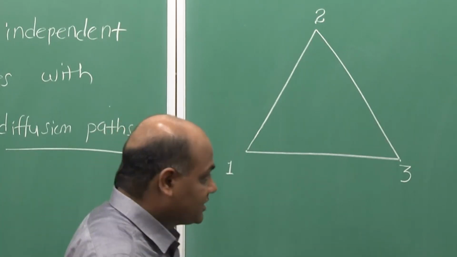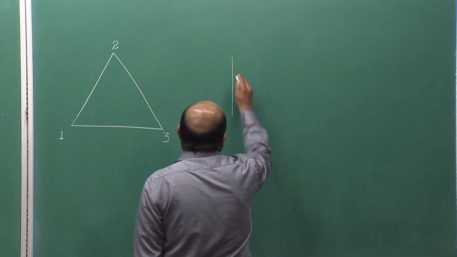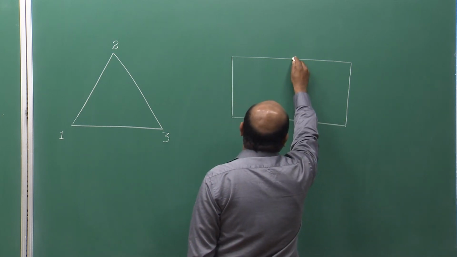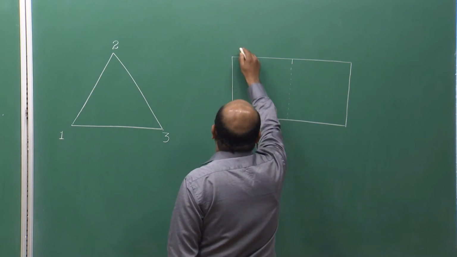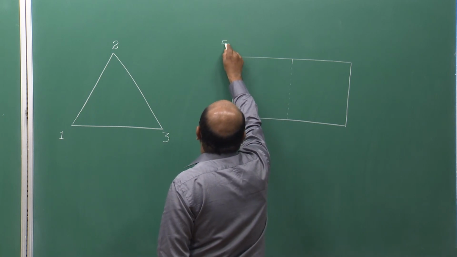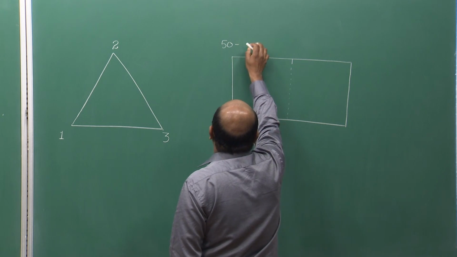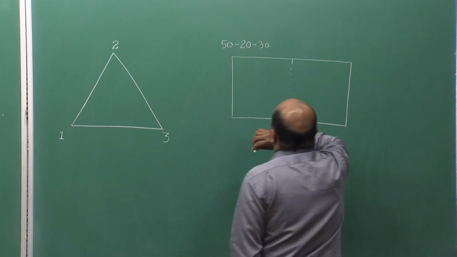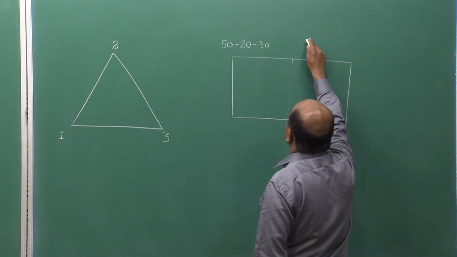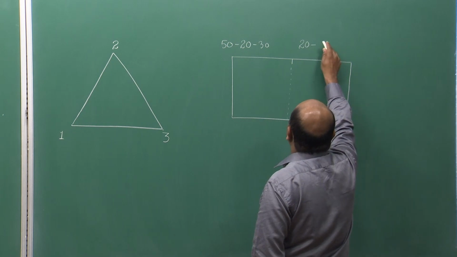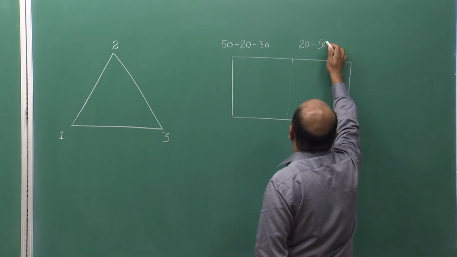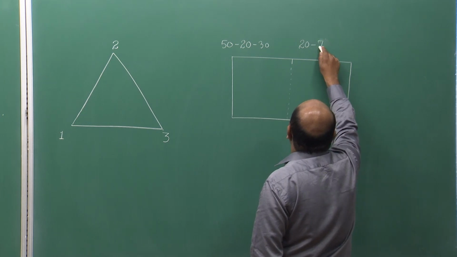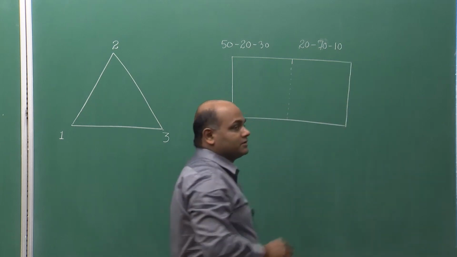Now, if we consider any, let us say, ternary diffusion couple, let us say 20% of 1, 50% of 2 and 30% of 3, and the other alloy 70% of 2 and 10% of 3.